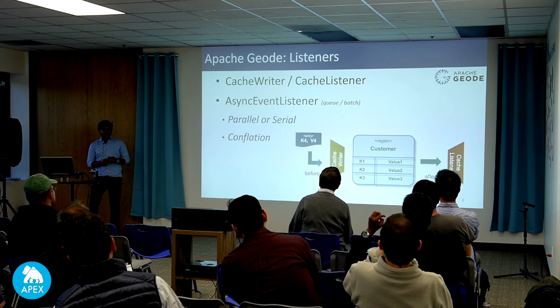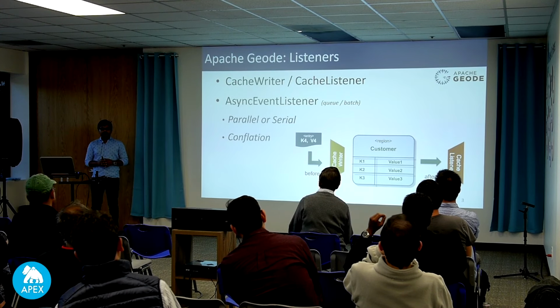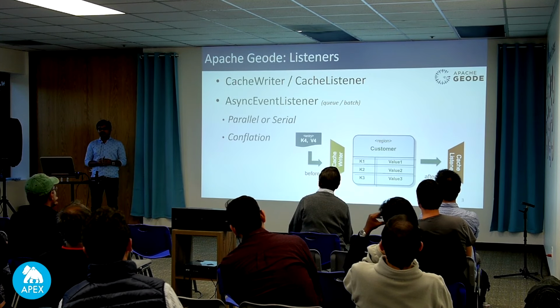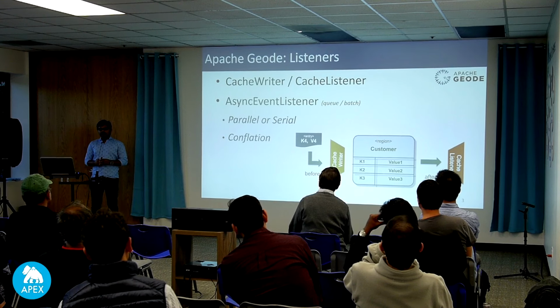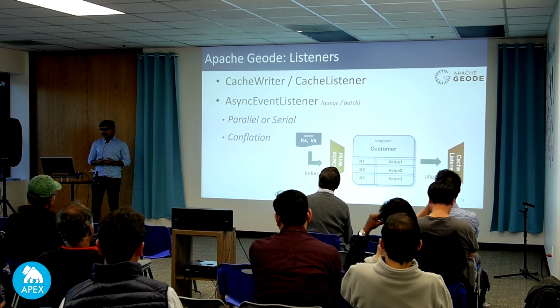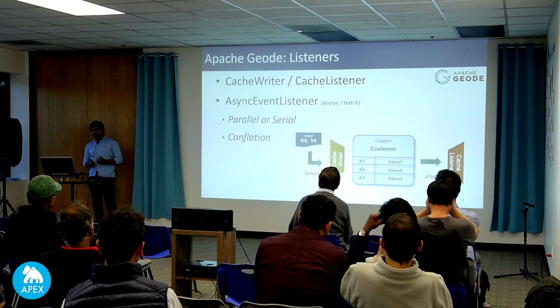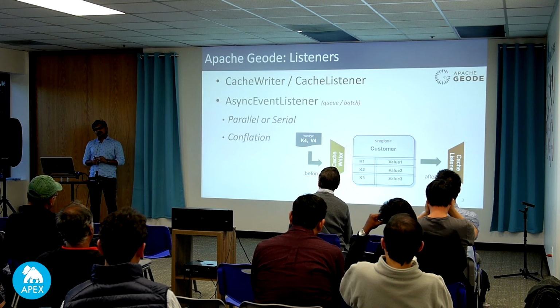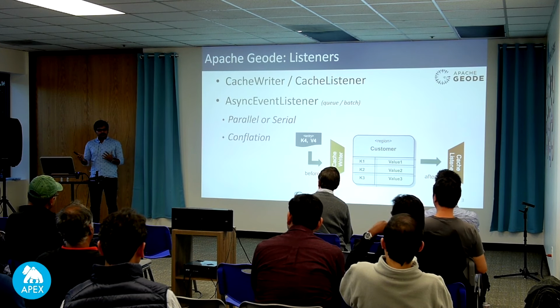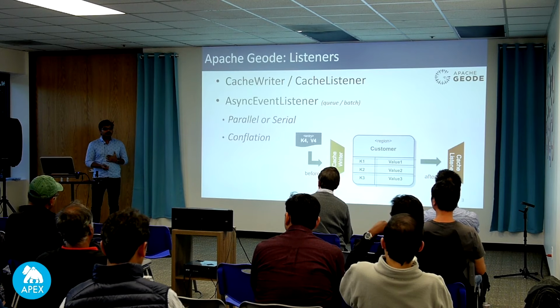Geode, despite being a large in-memory data grid, also has functionality to give event notifications. What that means for an application is, suppose your data is large and every time you want to get updates from the data, instead of making a get or put call, which itself has application latency, the application can use the event notification framework. So there are cache writers and cache listeners.